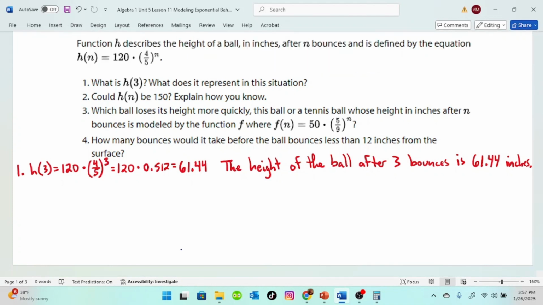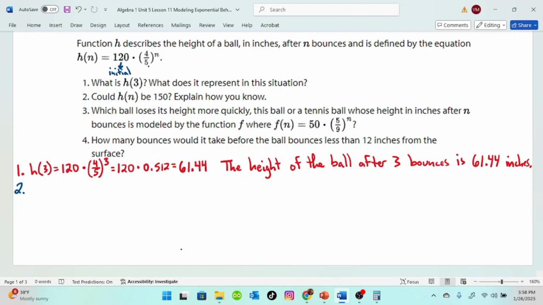Number 2. Could h of n be 150? Explain how you know. Well, what I know is that 120 is the initial height.